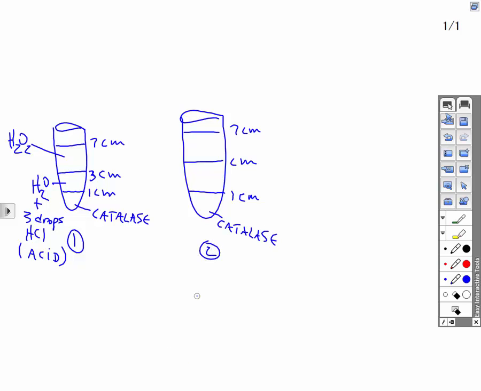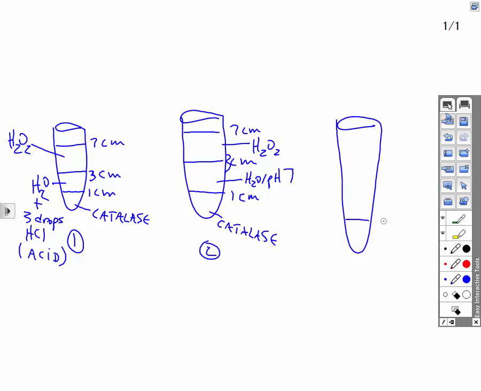And then at the second mark, which is at 3 centimeters, we're going to put water at pH 7. So this is just distilled water. And then to the third mark on this one, we will put hydrogen peroxide like we have done on the other two. So we'll fill that with hydrogen peroxide.